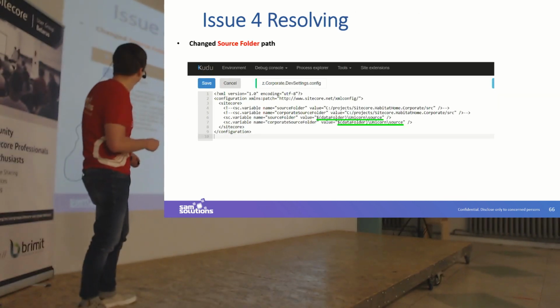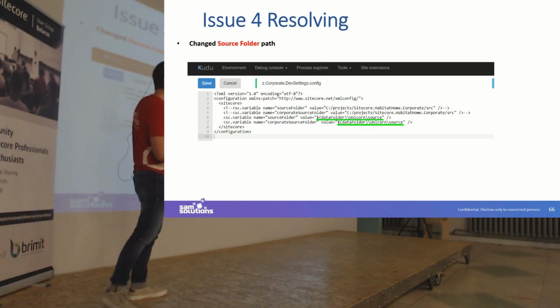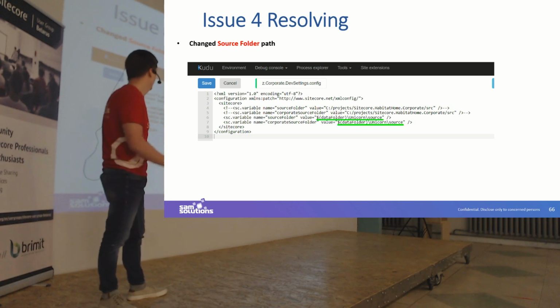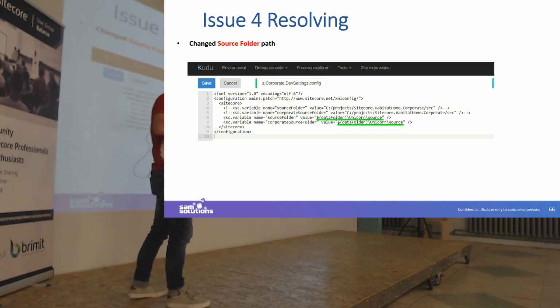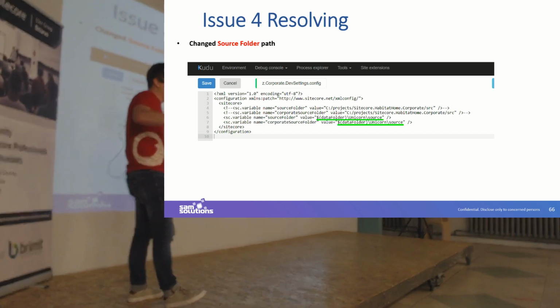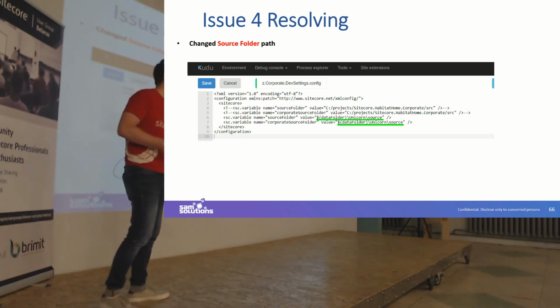So I went to Kudu, just commented the default settings, and added, as a temporary solution, a data folder. It should be, for example, Azure DevOps and real source code. So you also can add in a data folder, for example, serialized content.